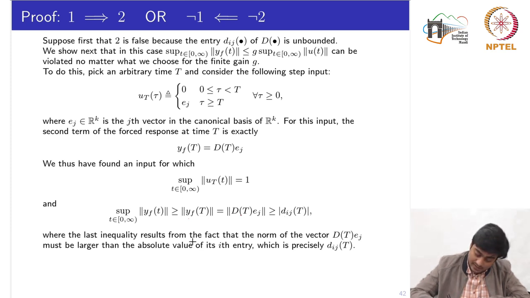The last inequality basically results from the fact that the norm of the vector must be larger than the absolute value of its ith entry, which is precisely d_ij.